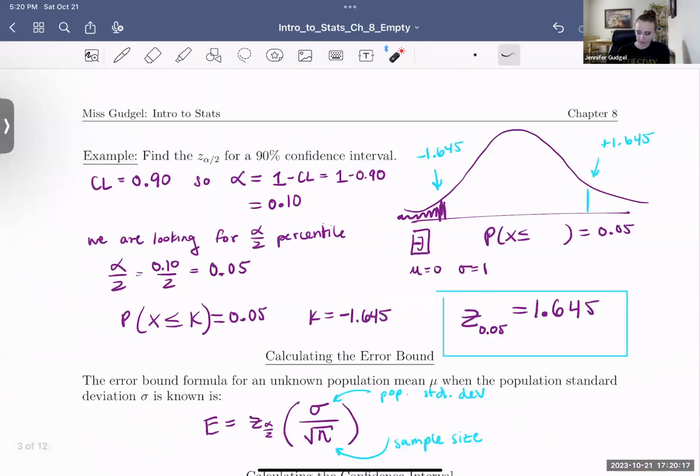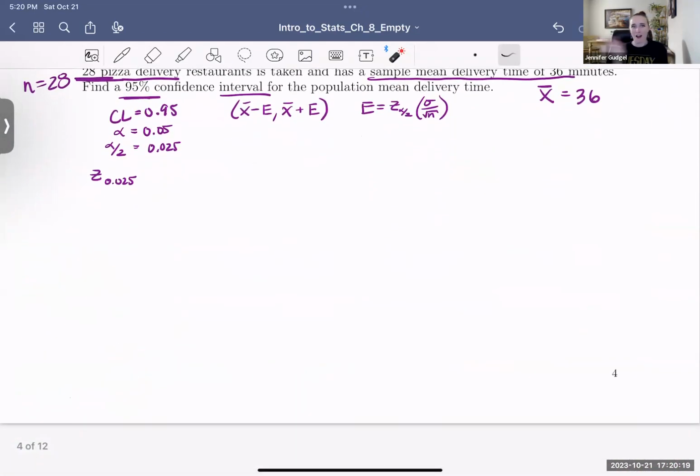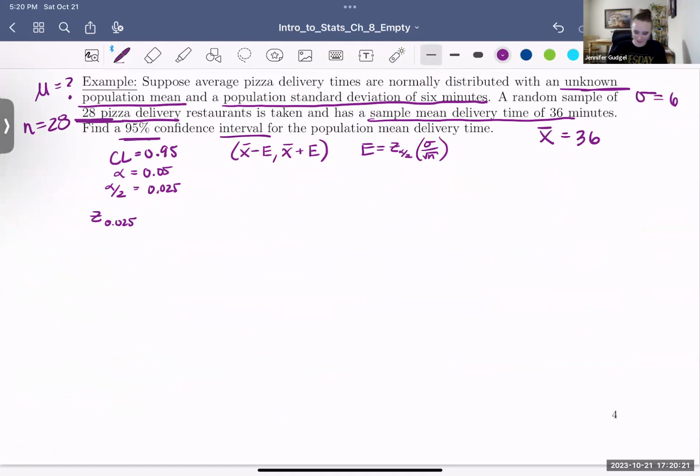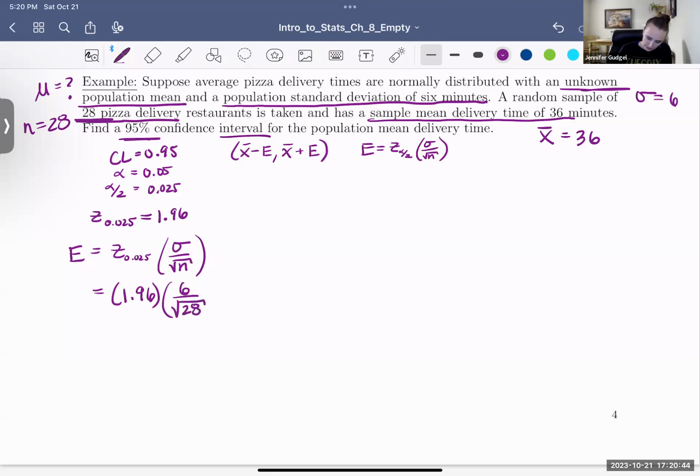Sorry, I'm giving some of you vertigo here. I'm jumping all the way around. I apologize. All right, it was 1.96. So the error bound is equal to that z-score times sigma over the square root of N. That was 1.96. Our sigma was 6 divided by the square root of 28.